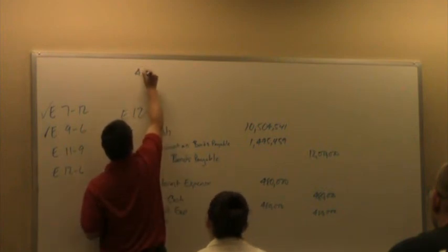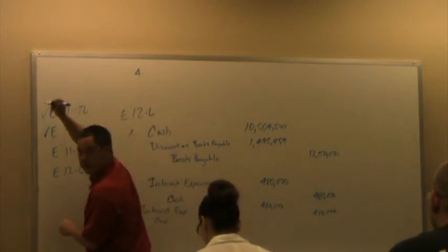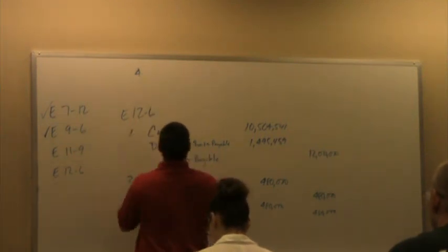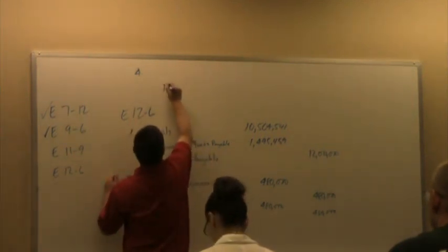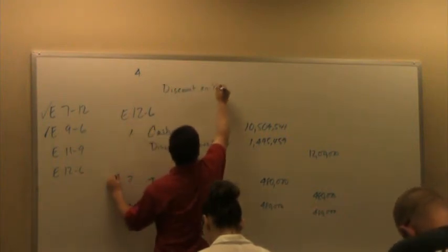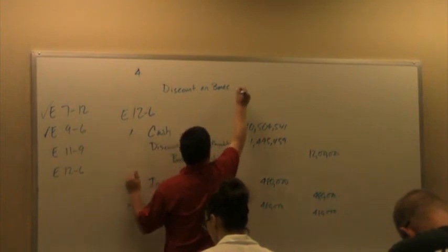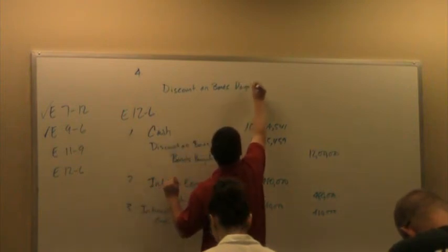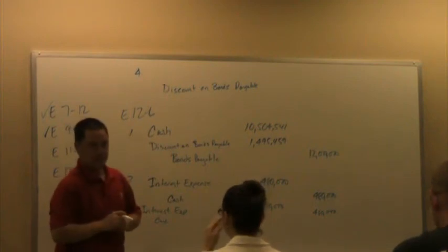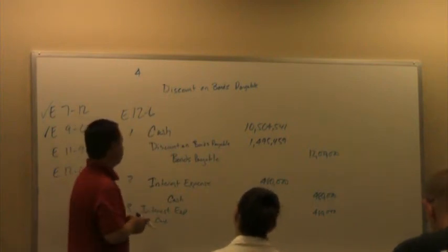Hope you can see that. All right. So we're going to do a discount on bonds payable, and that's going to be our credit, because we're going to take away from that.